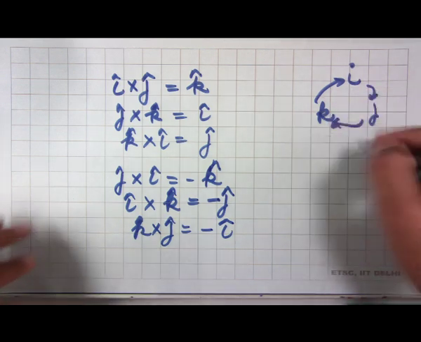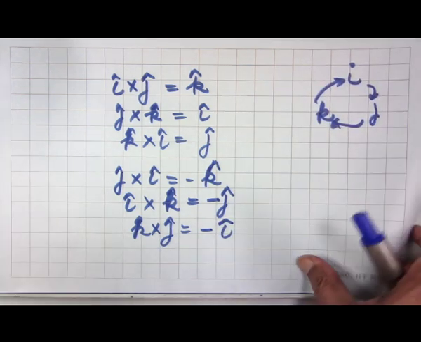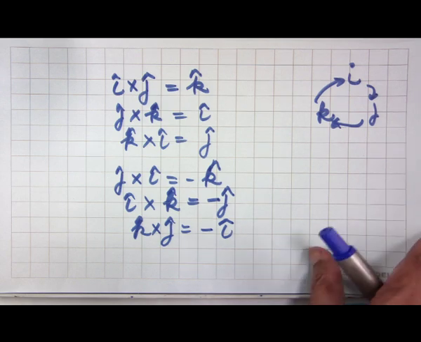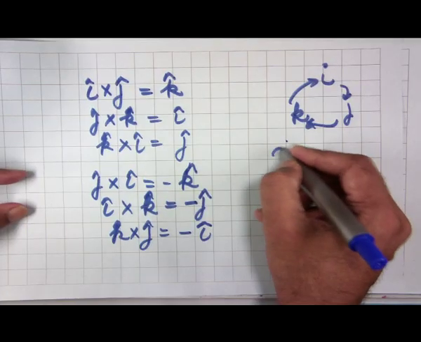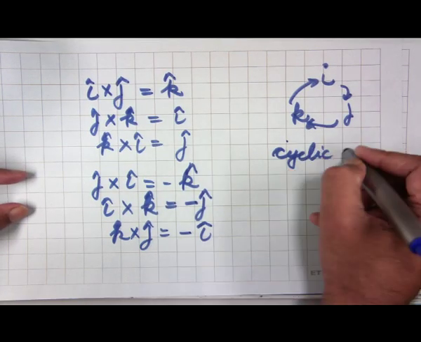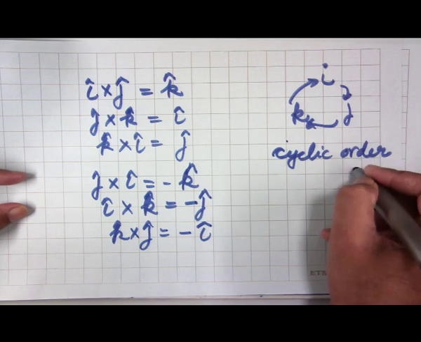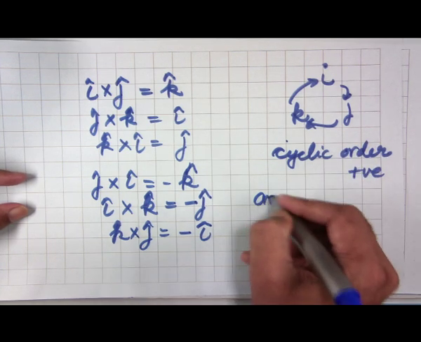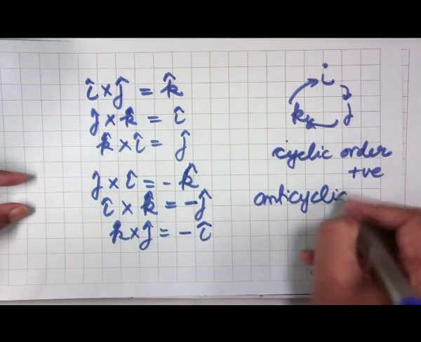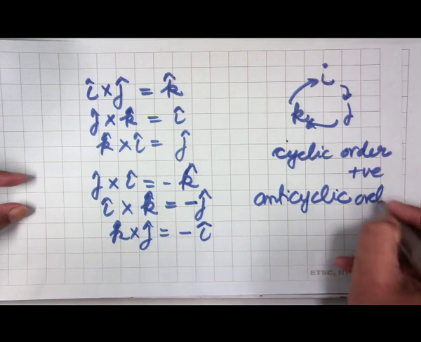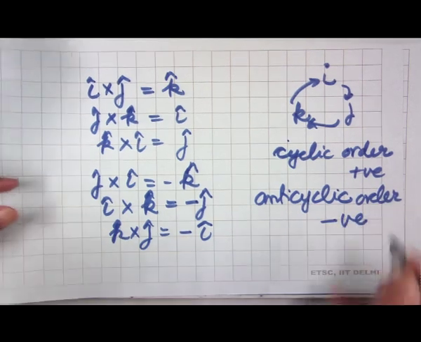When we do this, we are going anti-cyclic. So, this is one way of remembering them. Cyclic order is positive, and anti-cyclic order, that means we go in the opposite sense, is negative.